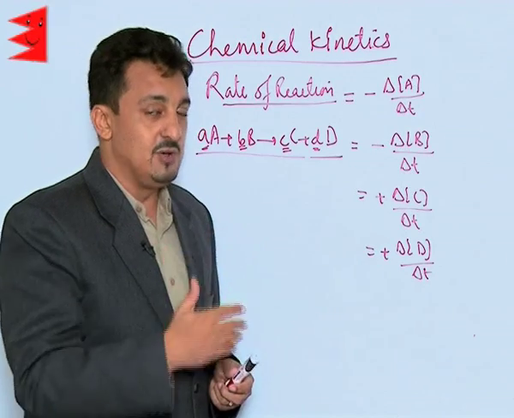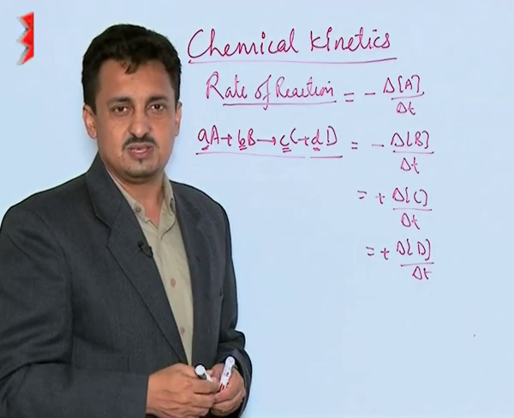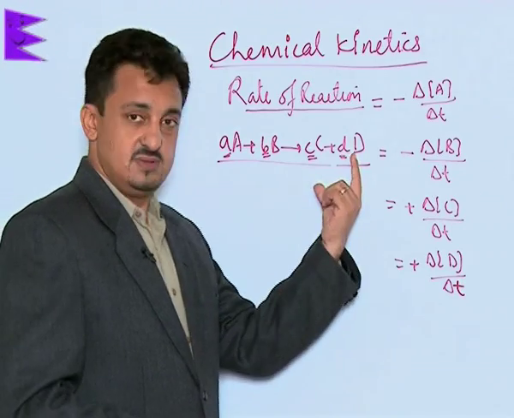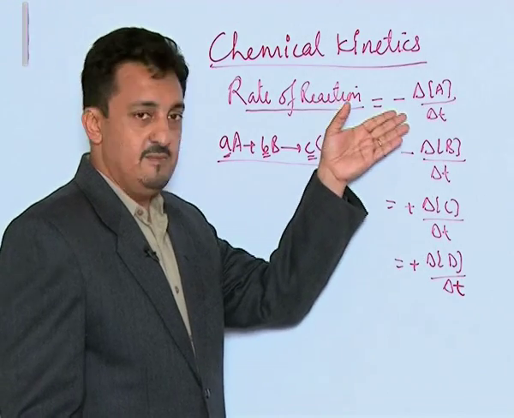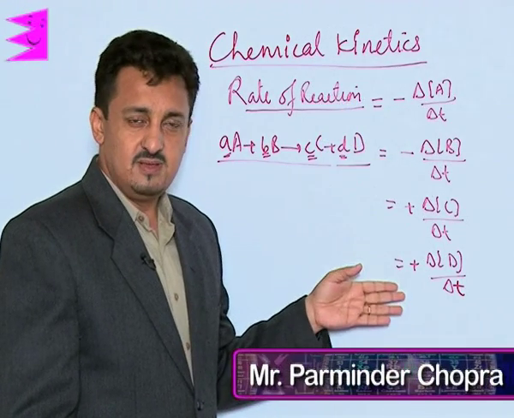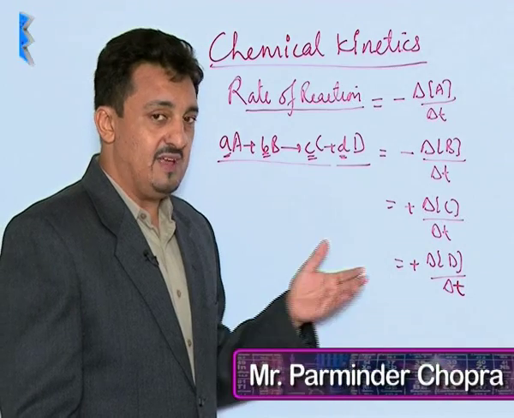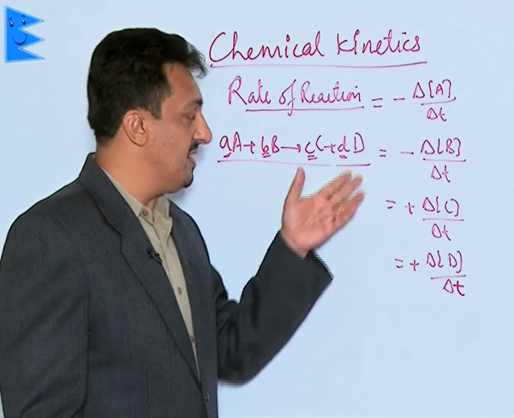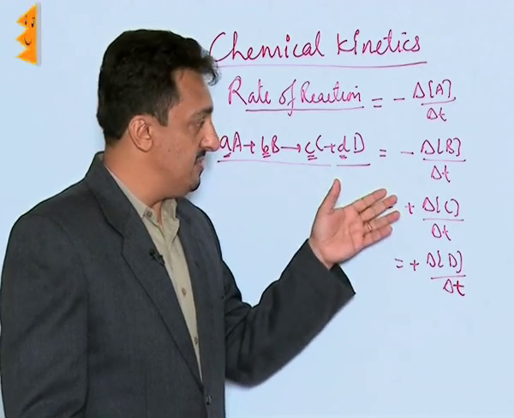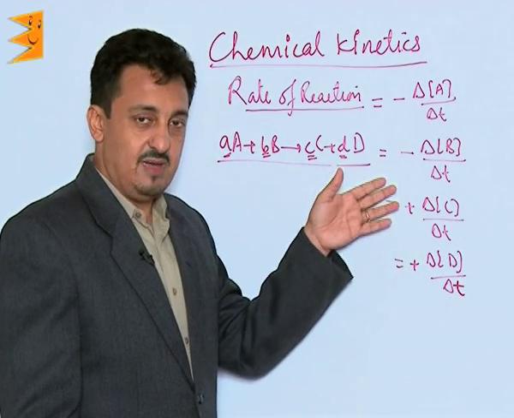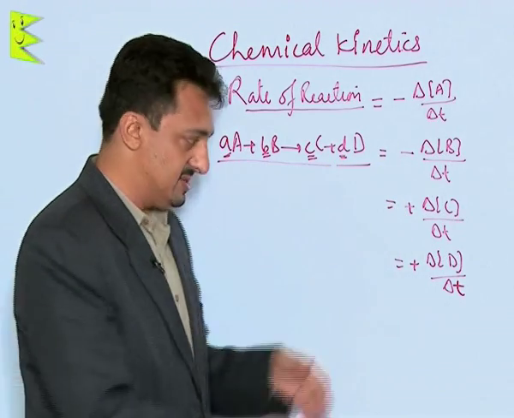But if we want to compare their rates, we can do this. The rate of this reaction, which can be expressed in terms of any of the reactants or the products, can also be represented by an expression in which we can compare the rates of this reaction determined with respect to different reactants and products.